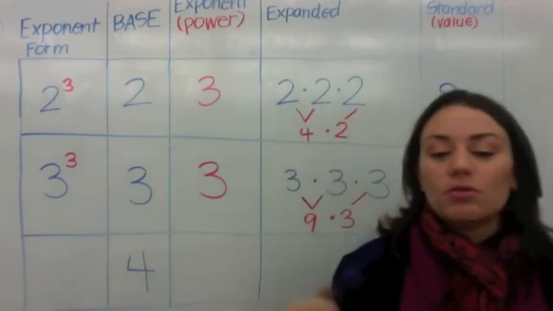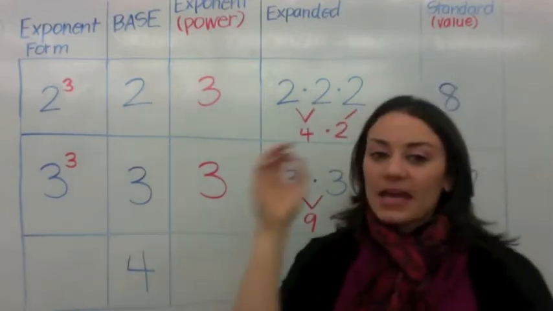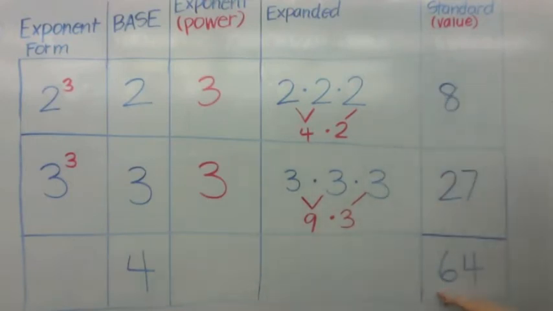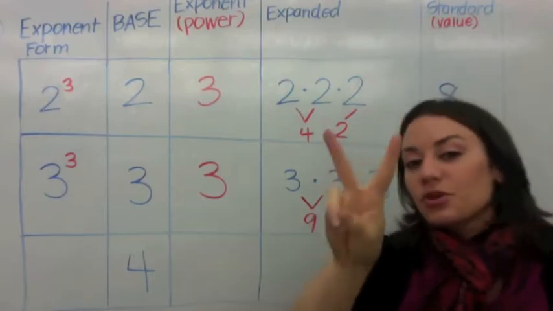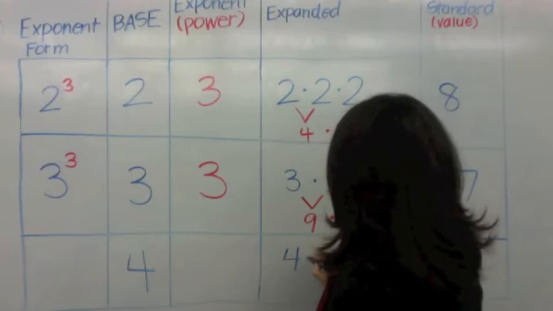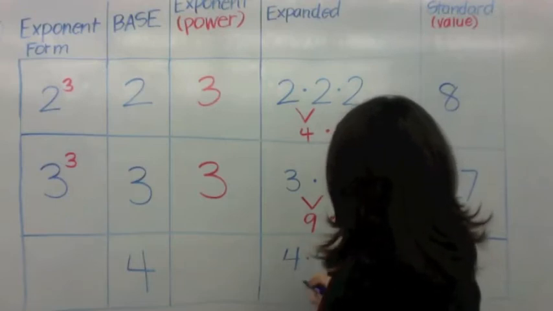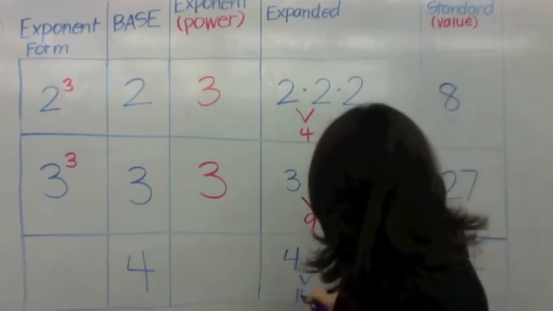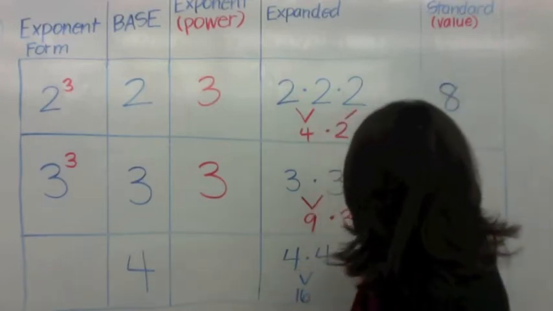How many times would you multiply 4 by itself, right, to get 64? Well, what happens when you have 2 4s that are being multiplied together? Let's take a look at that. When you have 2 4s being multiplied together, what is that? That is 16, right?